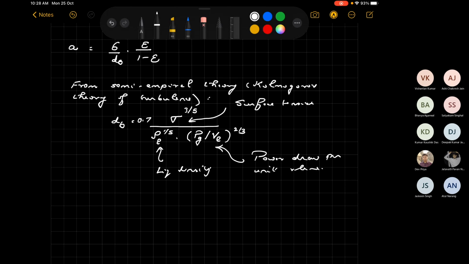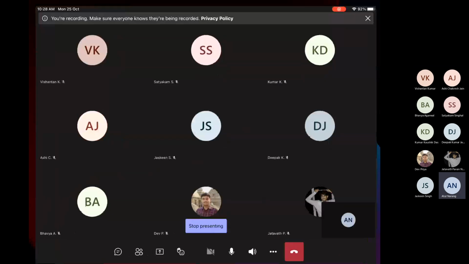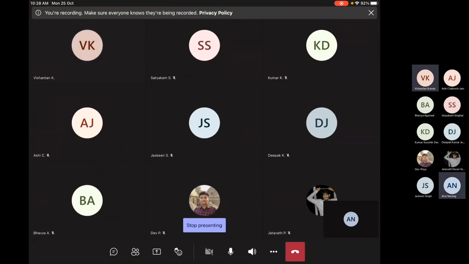No. Diffusion coefficient will change if I change the power draw per unit volume. Actually, am I audible? Yes, sir, you are. Do you think the diffusion coefficient will change?